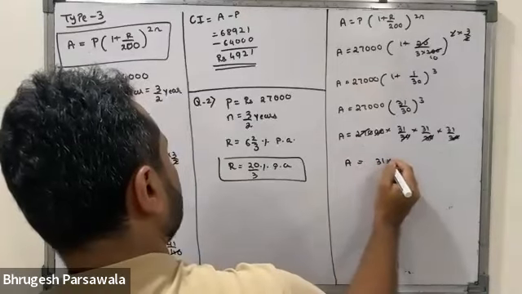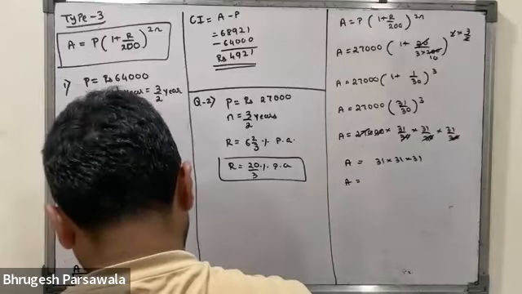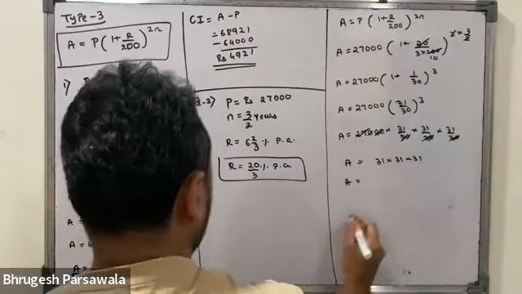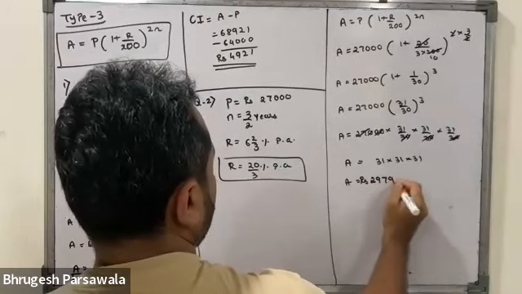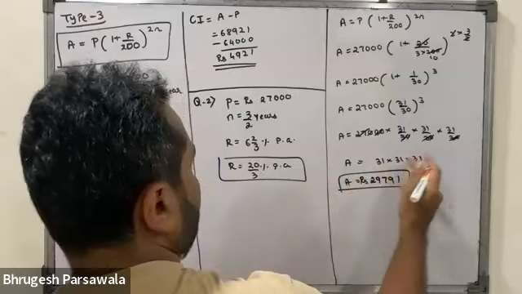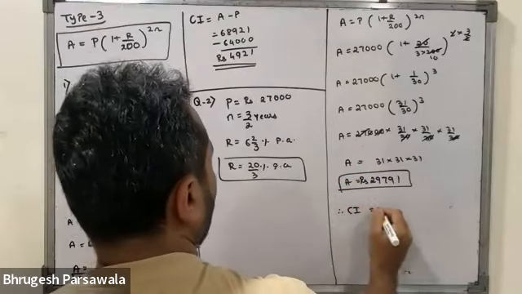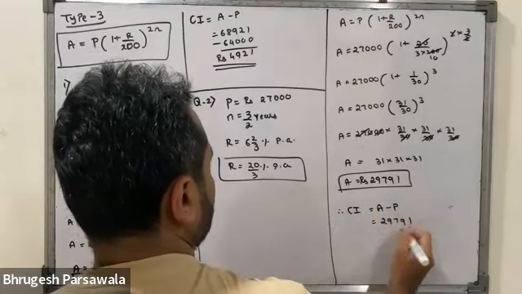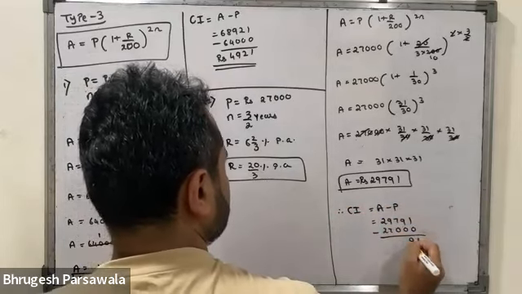So A is 31 into 31 into 31. A is equal to 29791 rupees. तो CI क्या होगा बेटा? A minus P, which is 29791 minus 27,000.